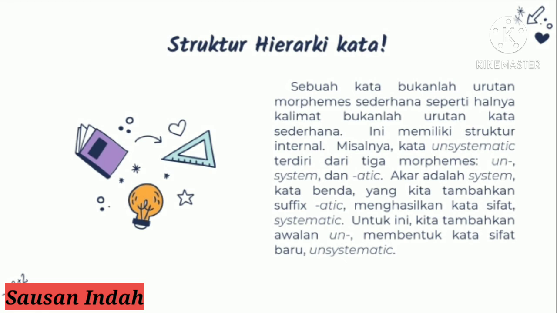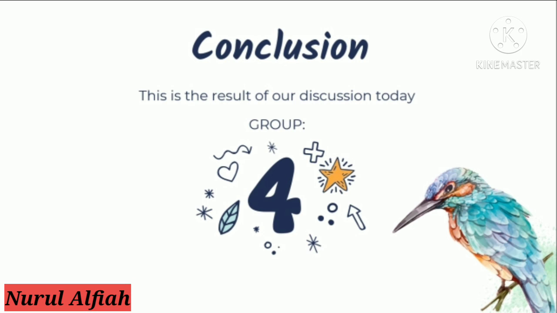The root is system, a noun to which we add the suffix atic, resulting in the adjective systematic. To this, we add the prefix un, forming a new adjective, unsystematic.